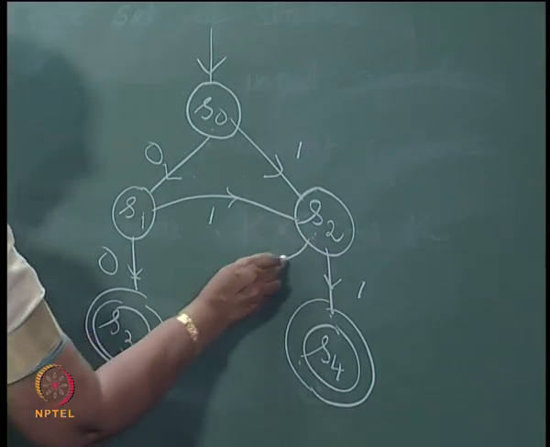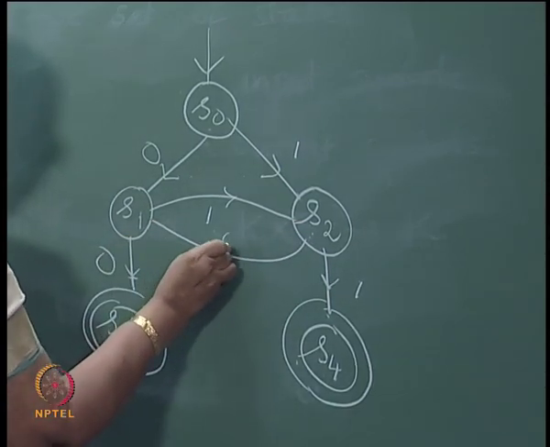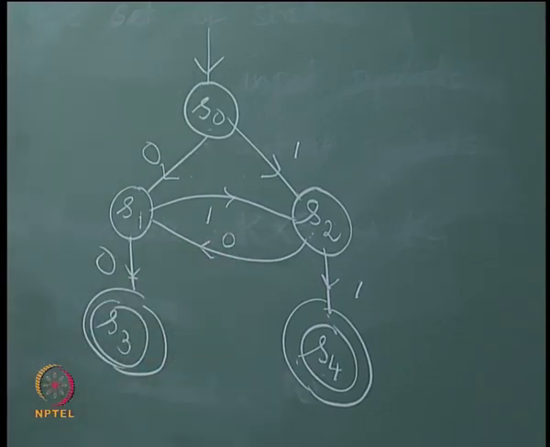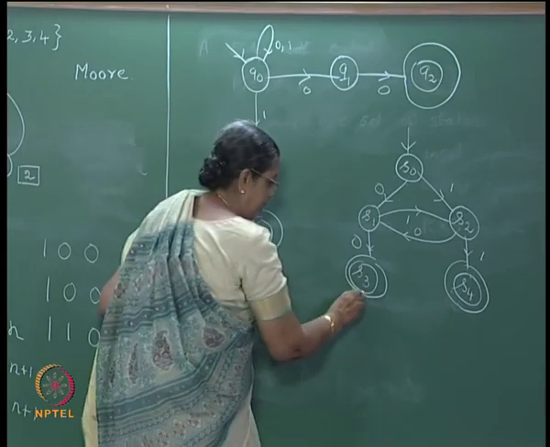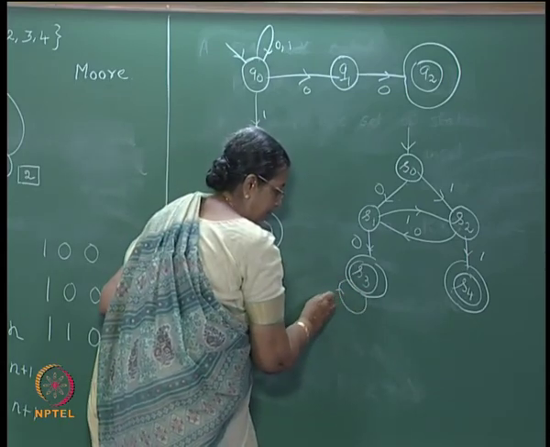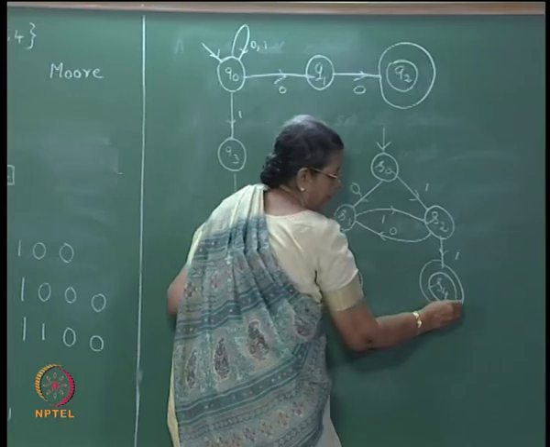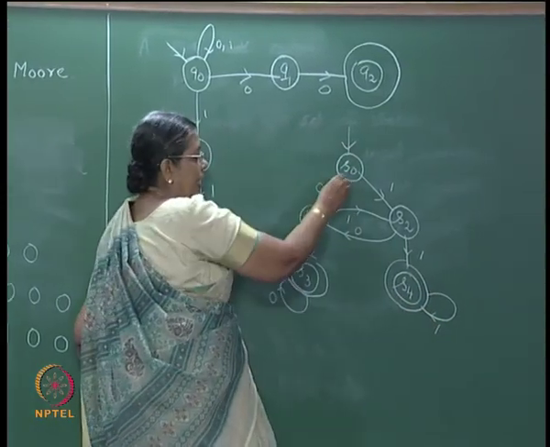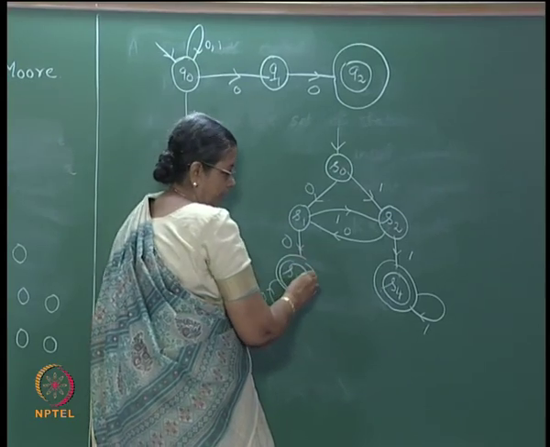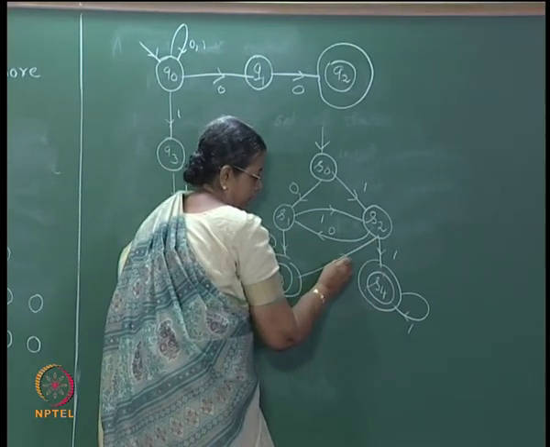In S2, if I get a 0, I go here. After getting 0 0, one more 0 I get, still it is a final, it will be accepted. If I get one more 1 here, still it will be accepted, but after getting 2 zeros or many zeros, if I get a 1, I have to go here.